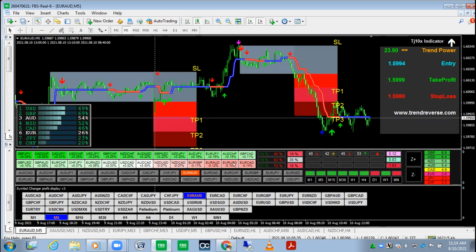Can you see? EUR/AUD is among the first three down. So the main thing is for us to sell here. Because even if you buy here, you'll be risking more, because the overall trend now is sell.